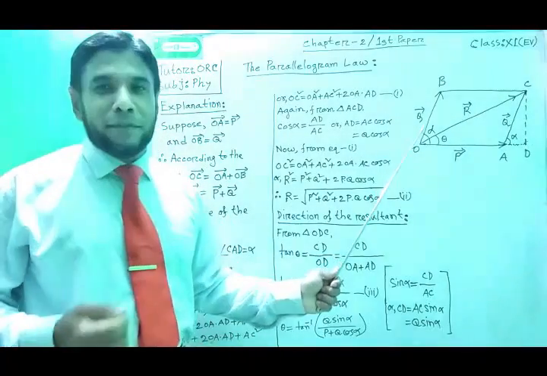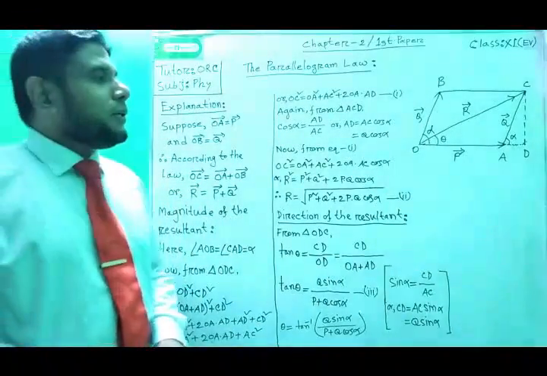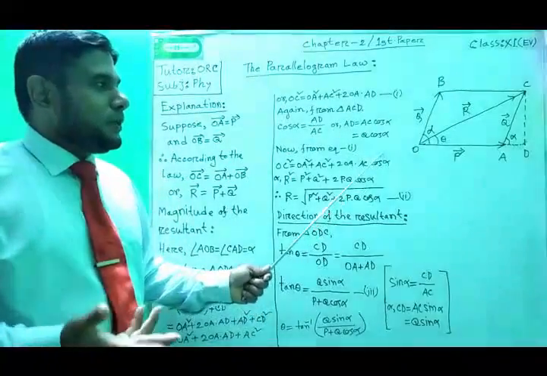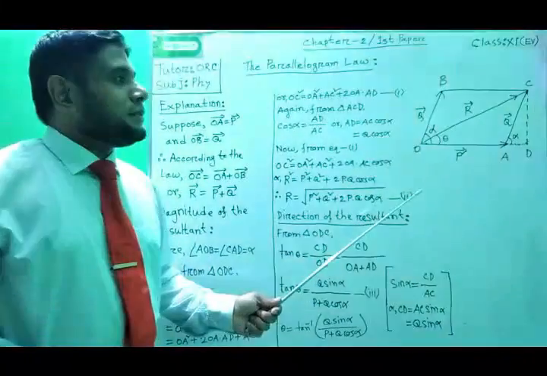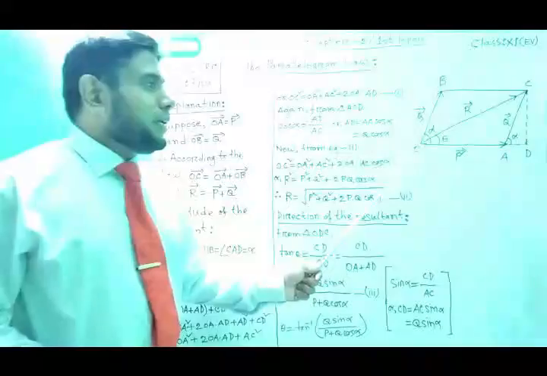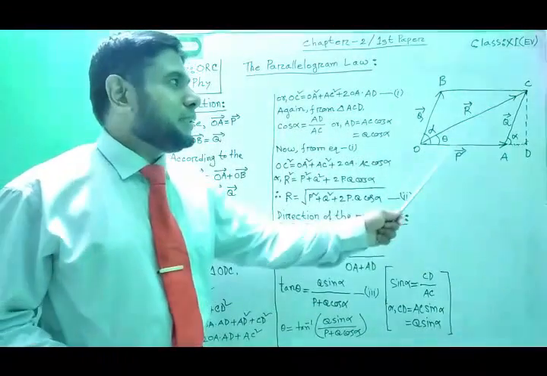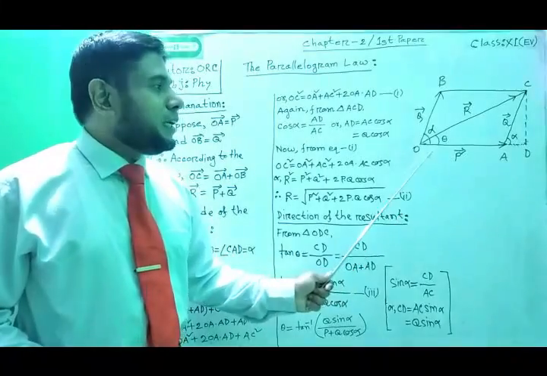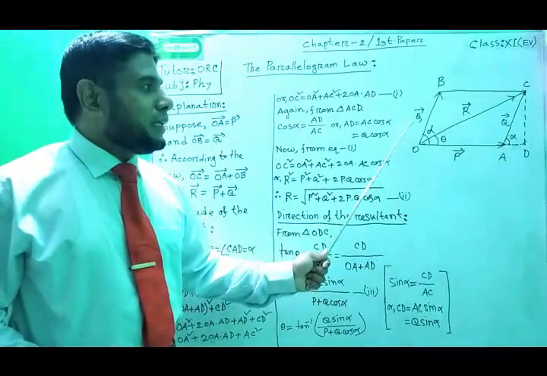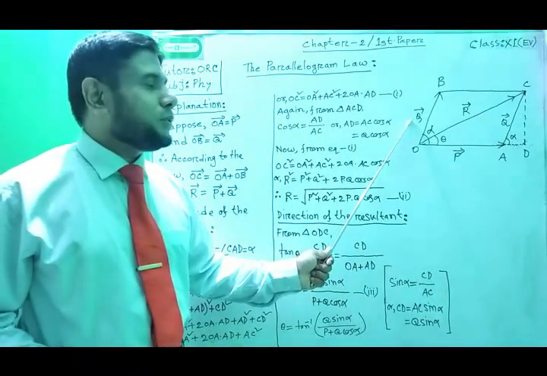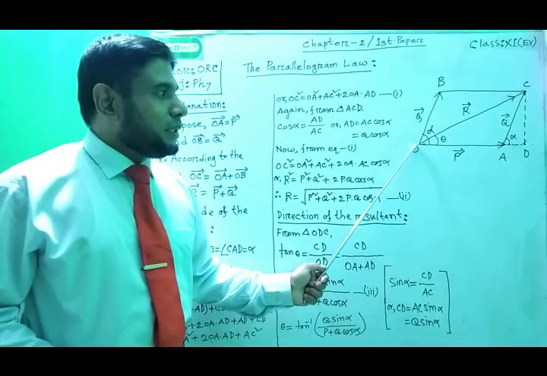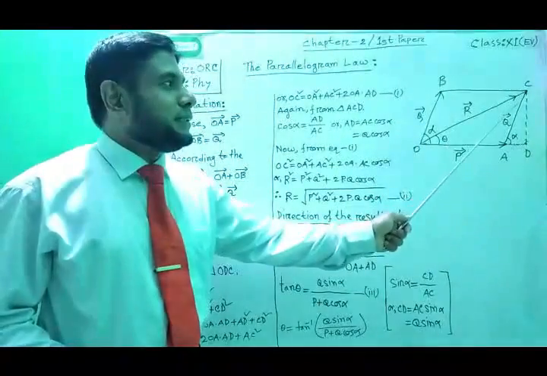First you submit the definition, and then when you submit the explanation, according to the information we can see here from the parallelogram OACB, along side OA acts vector P, and along side OB acts vector Q. From the particular point O, the diagonal is OC.